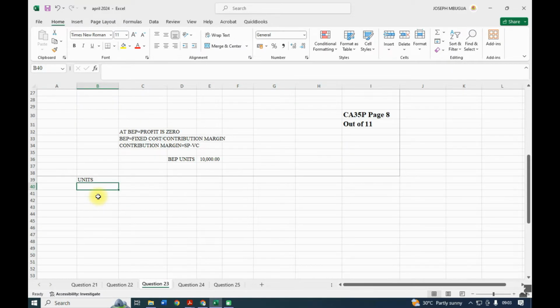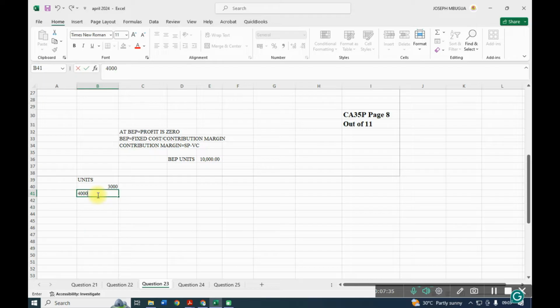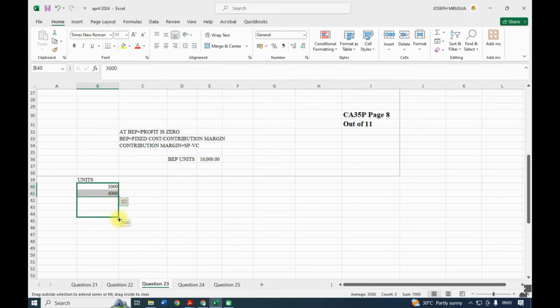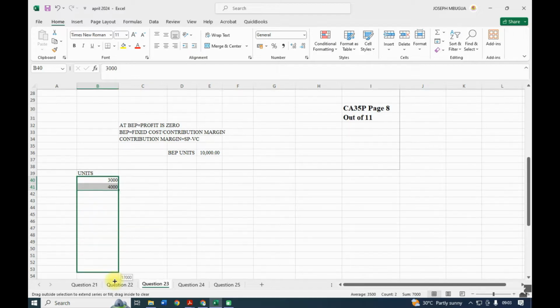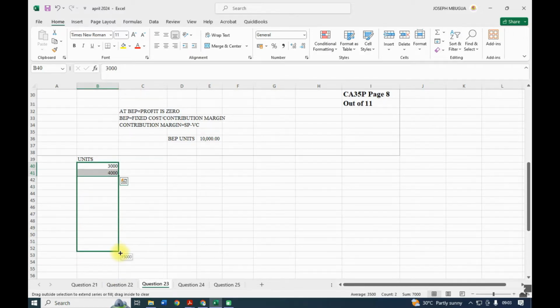Assuming you start with 3,000, just an assumption, you can start with 3,000, 4,000, because the difference is 1,000, and we can produce up to whatever range we need. Assuming we go up to 15,000, it's an assumption. You can go up to 20,000 in order to have a good graph.